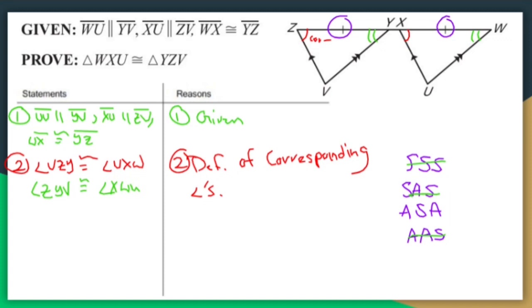If you have the same exact reason, just give both statements in one. Don't overdo it. Now that I have an angle congruent, and the side that happens to be in between congruent, I can now say that triangle WXU is congruent to triangle YZV. And the proof that I used for that was ASA.